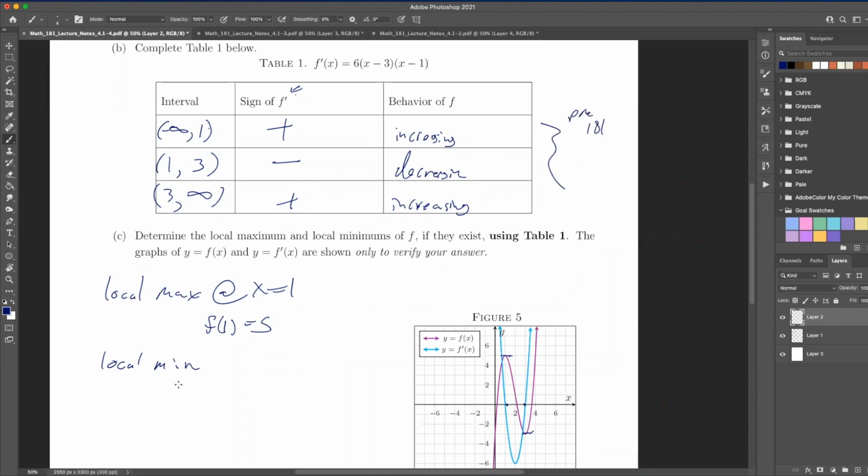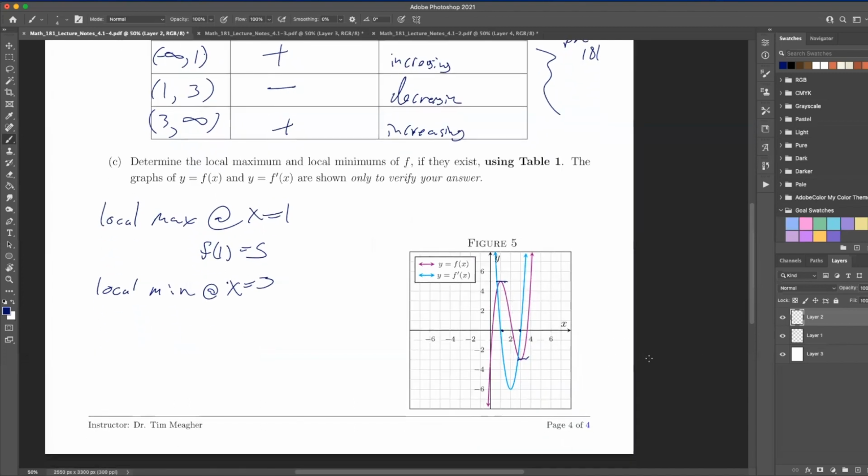I just wanted to connect it for you on a page. That occurs here at 3, and f of 3 here looks like -3. Okay. Any questions from any of this section?